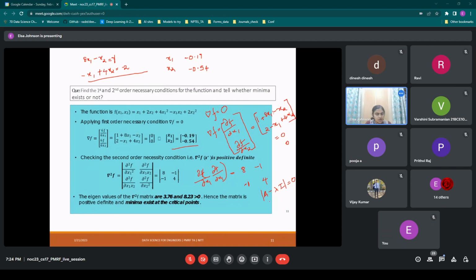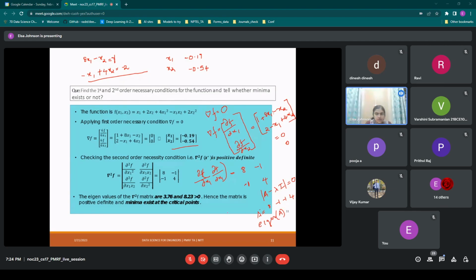Or, as I told you last class for the week 3 assignment, if you put it as a matrix and store it in R in a variable named A, and then give eigen of A, you will directly get the eigenvalues. So you can use any method.